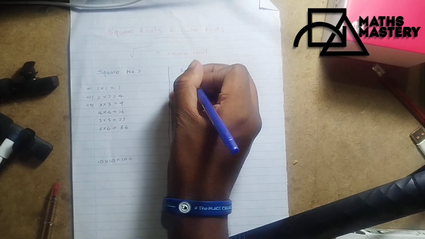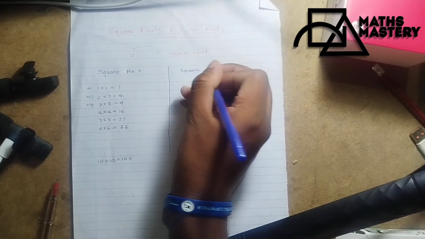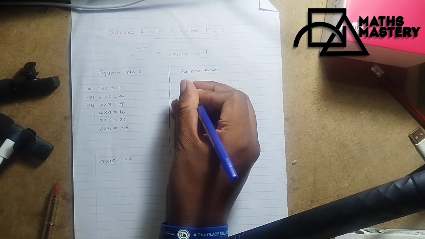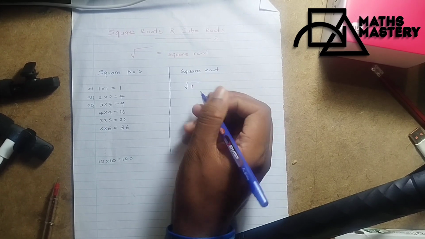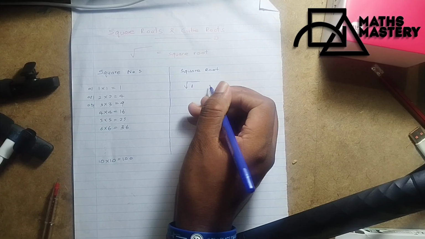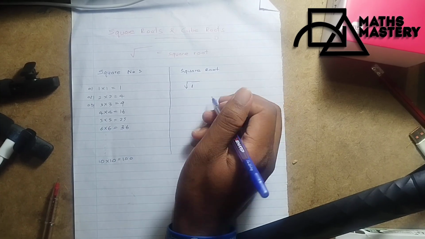For example, think of this square number which is 1. If you put a square root to 1, the answer is 1. How did this come?